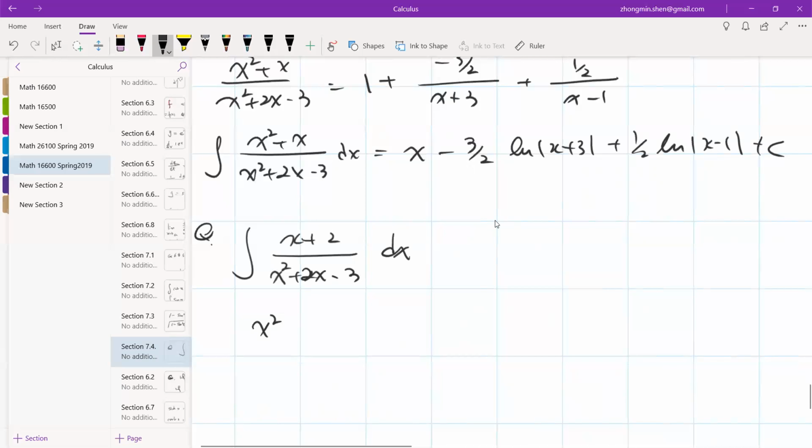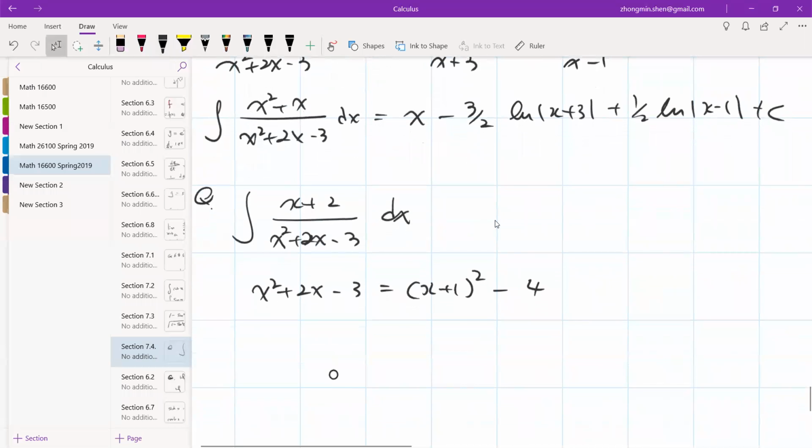So x squared plus 2x minus 3 is going to be x plus 1 squared minus 4. Okay, that's what they do. Yeah. Complete the square. So it's natural to use a substitution. Let x plus 1 equals 2u, right? Okay, so dx is going to be 2 du, no problem.